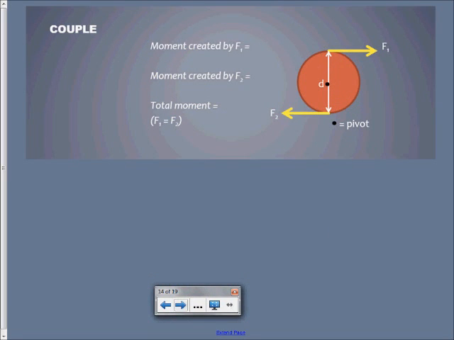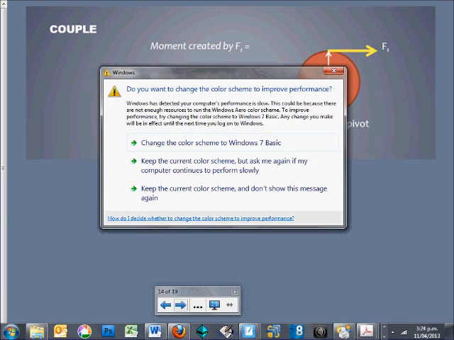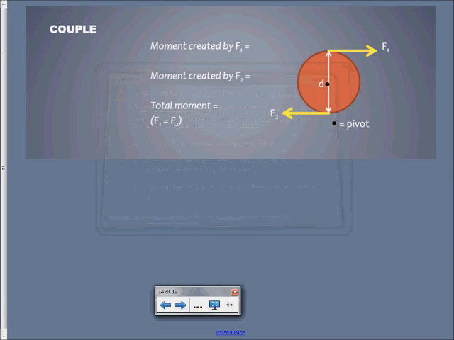So let's look at the size of the moment produced by a couple then. We've got F1 here acting this distance away, so F1 times D over 2 is the moment produced by this force, and F2 times D over 2 for F2.